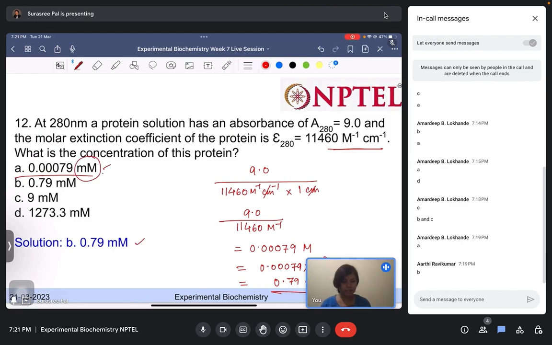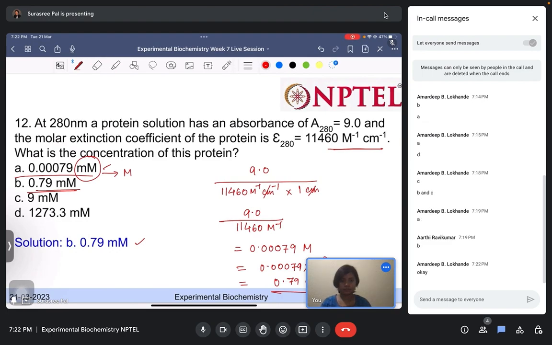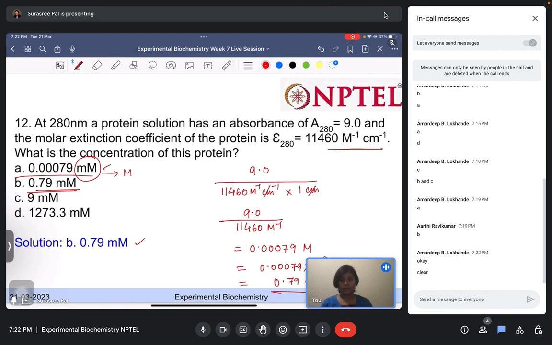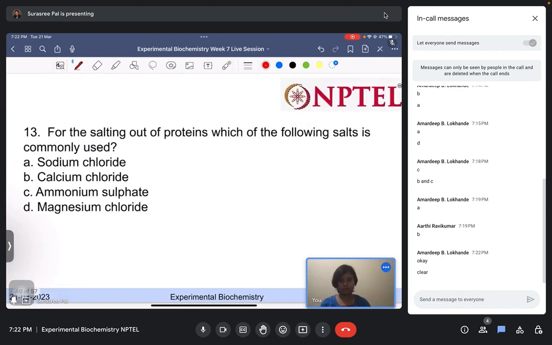This will be correct if the unit is molar, but this has the correct unit. So the B is the correct answer. Yes, the B is the correct answer. So is it clear, the unit? Okay, all right. Next question.